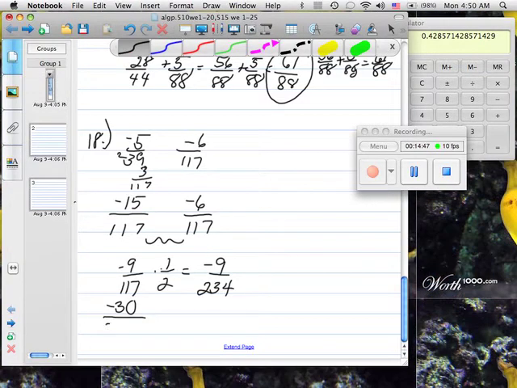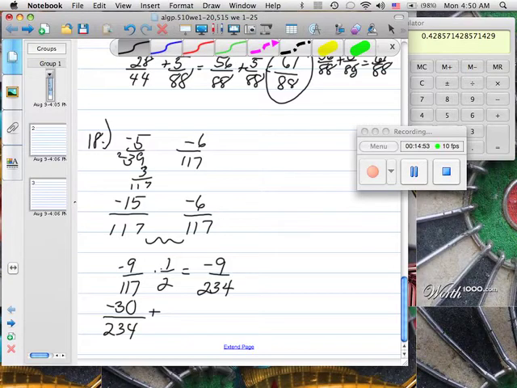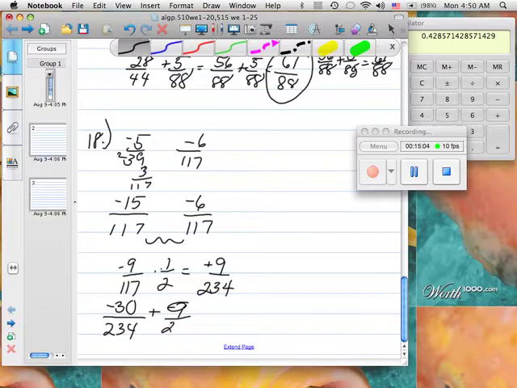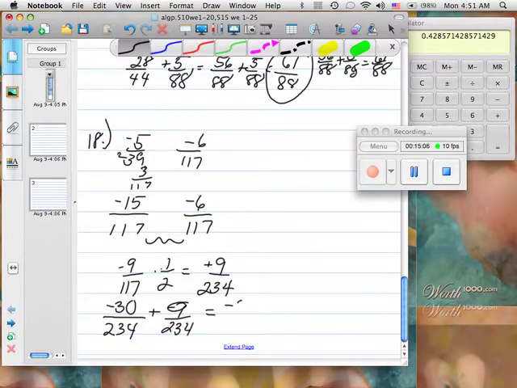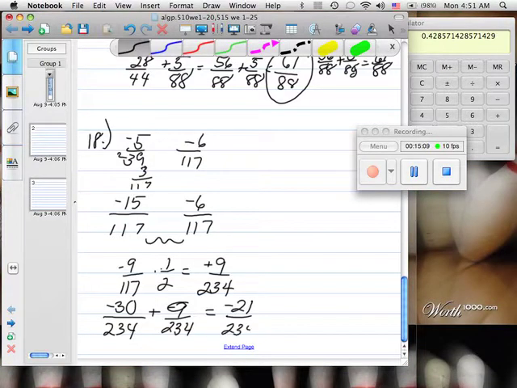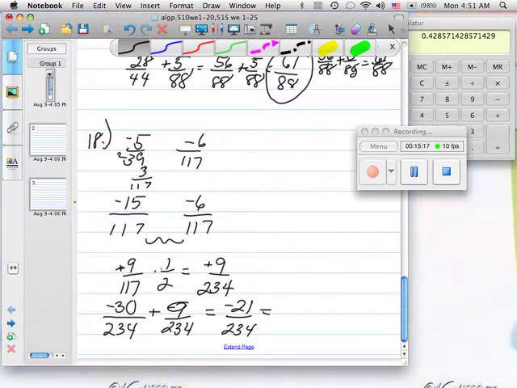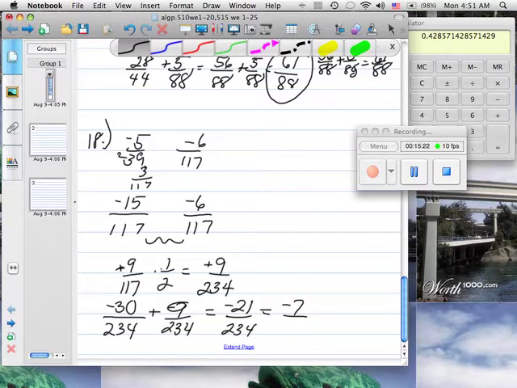So we just double it and add 9 to it, and we get -21/234. So simplifying, 3 goes into negative 21, negative 7, and 3 goes into 234, 78 times.